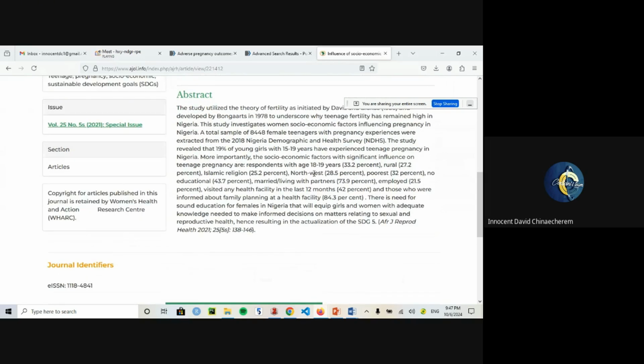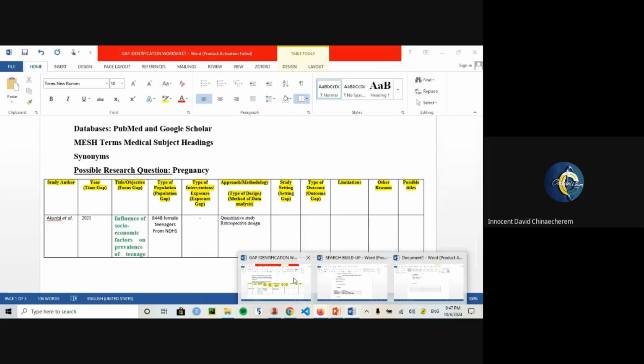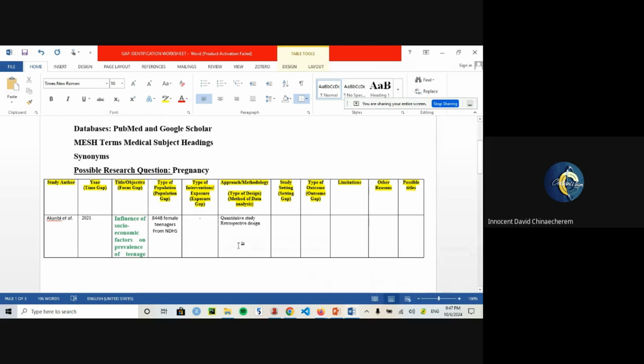So maybe when we look at the design, the method of data analysis might be, if you've read the full text, for example, it might have used the cross-sectional analysis, or it used the descriptive and inferential.